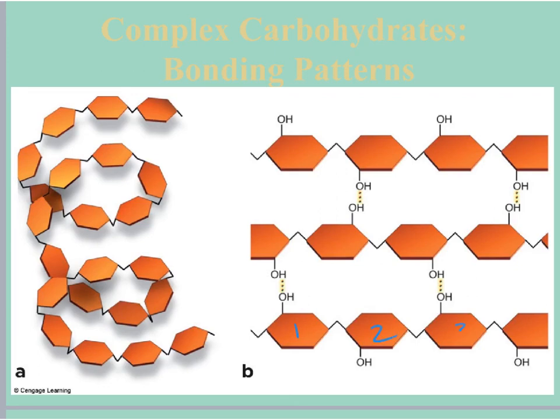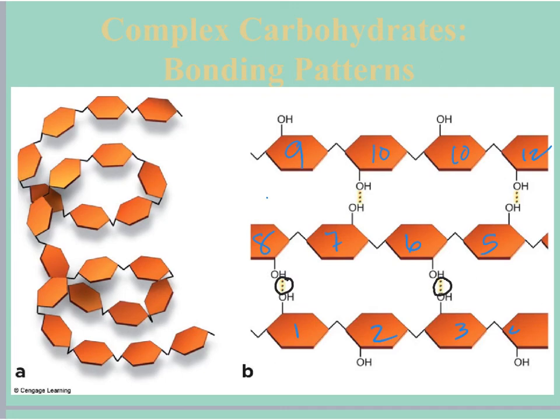So you've got glucose molecules lined up end to end to end. So you've got all these glucose molecules all bonded together. And now you see a much more complex structure. And if you remember from our last lecture, what type of bond is being created here?